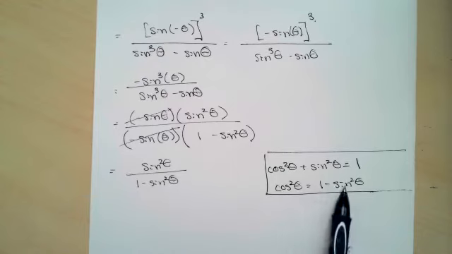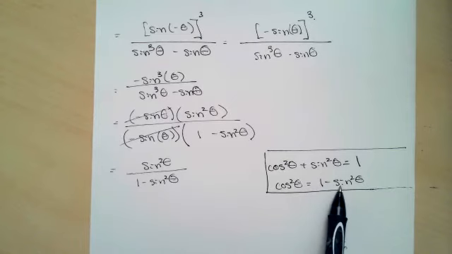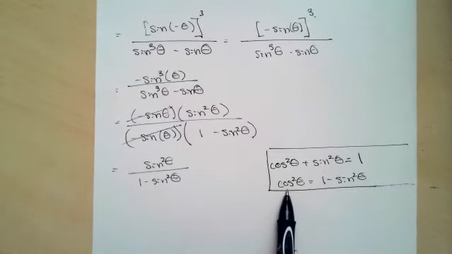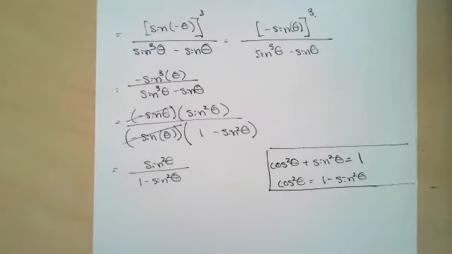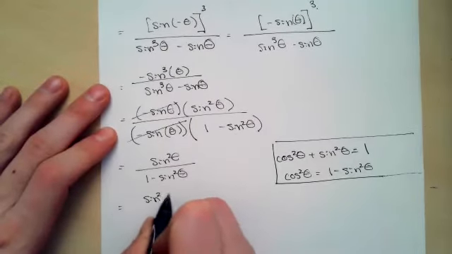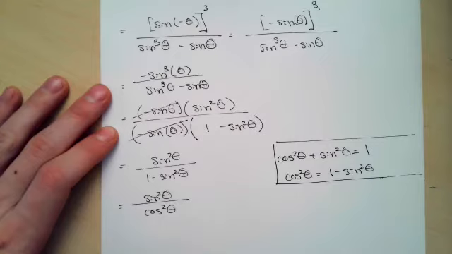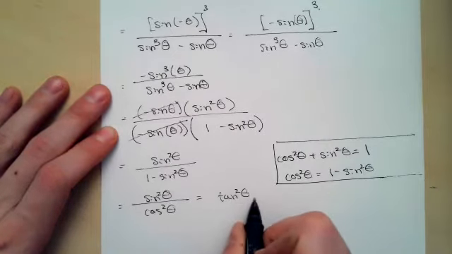However, the other thing that these Pythagorean identities do is that they'll convert a sum or a difference of a constant and another trig function into just a single trig function. So it's getting rid of that difference for us, which can make our lives a lot easier afterwards. And so when we do that, we'll have sine squared theta over cosine squared theta. And that's just going to simplify to tangent squared of theta.